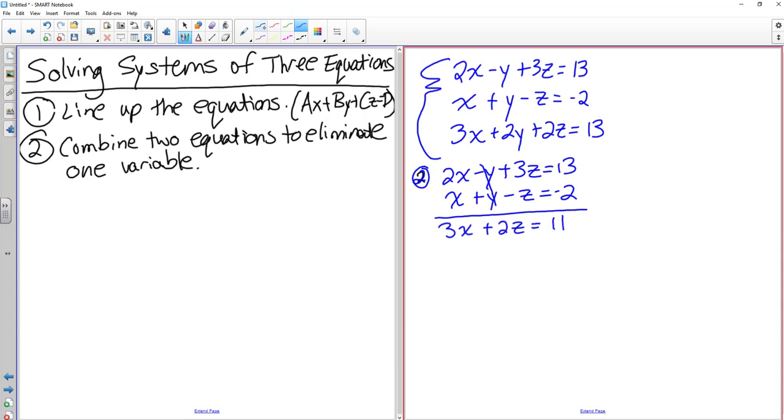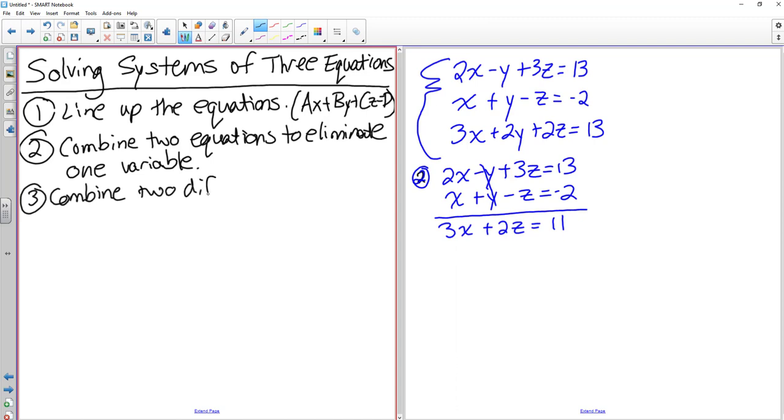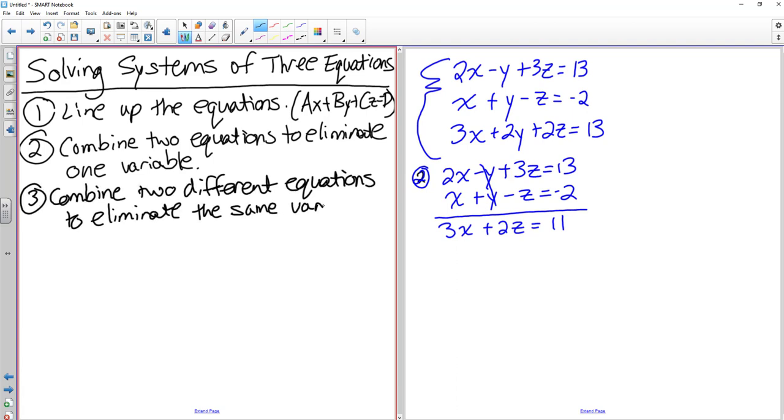Okay, so then like I said, step 3 is going to be to combine two different equations to eliminate the same variable.